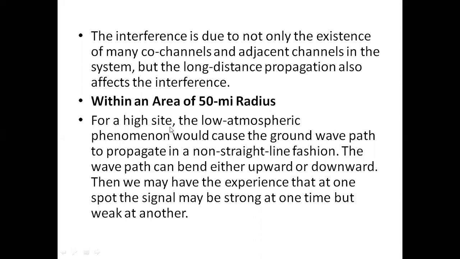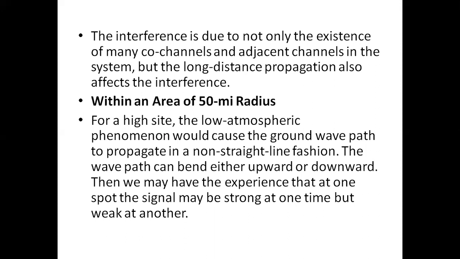The low atmospheric phenomena would cause the ground wave path to propagate in a non-straight line fashion. So when we take the cell site antenna height as high, because of low atmospheric conditions there is a non-straight line path.